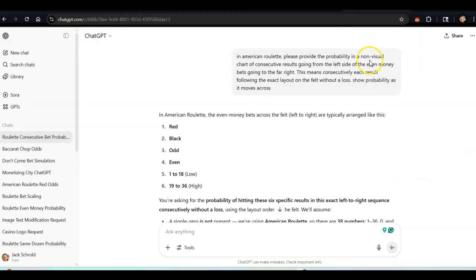All right? So let's talk about this as if no one's seen this before, because there's a lot of new people. So what I asked ChatGPT is, in a non-visual way, can you provide me with a chart that goes from the left side of the even money bets going to the right, and give me an indication, probability, and odds as to what the probability is of exactly the results consecutively actually matching up to the felt.